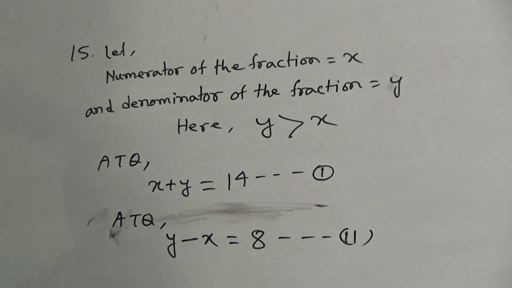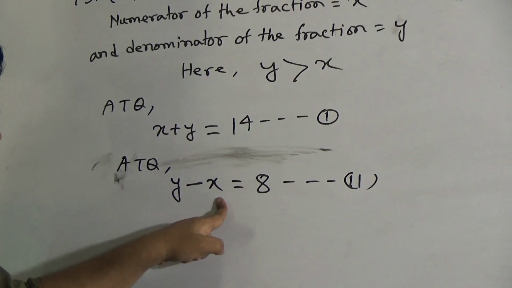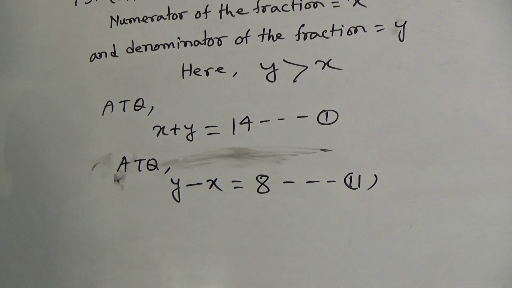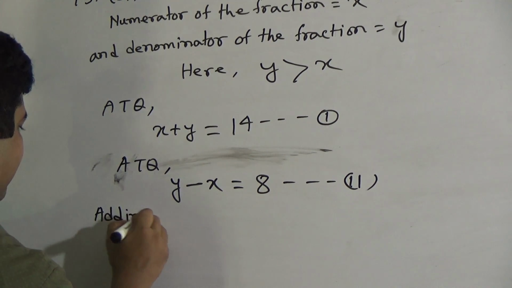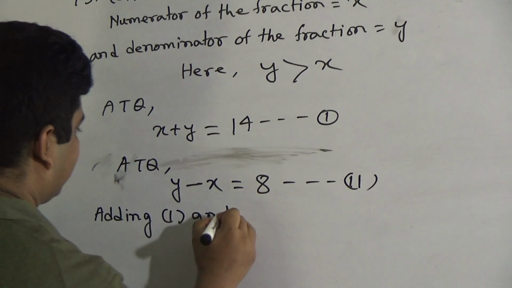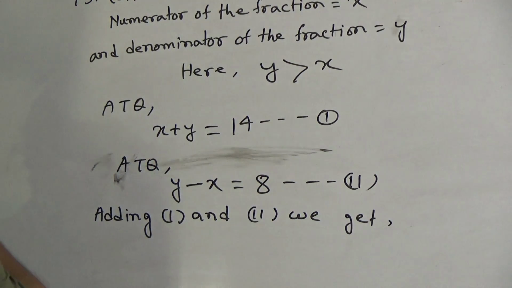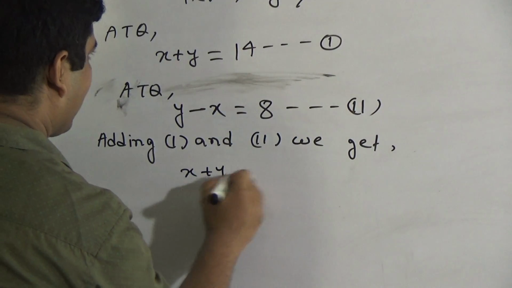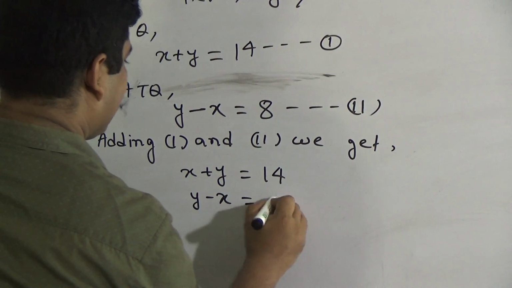Dear student, please notice here x contains plus sign, here x contains minus sign. So if we add equation number 1 and 2, then x is omitted and we find out the value of y. So adding 1 and 2, we get x plus y equal to 14 and y minus x equal to 8.